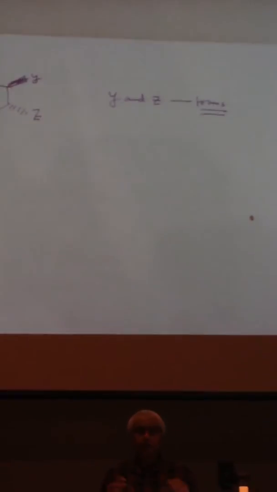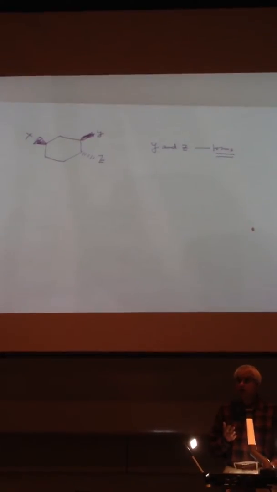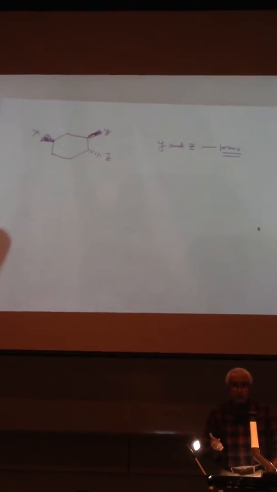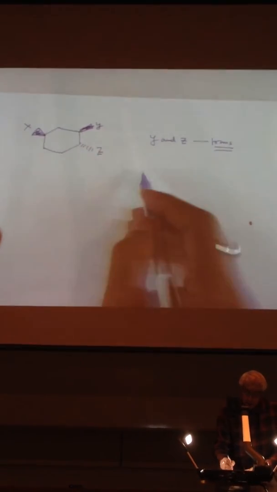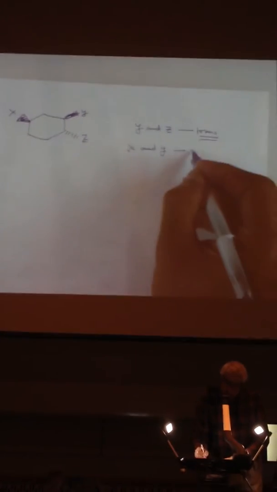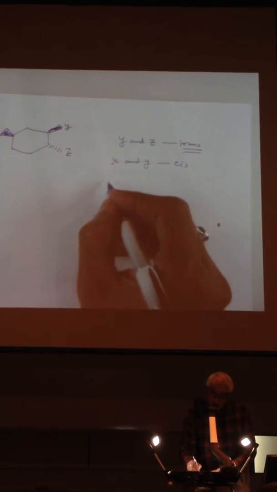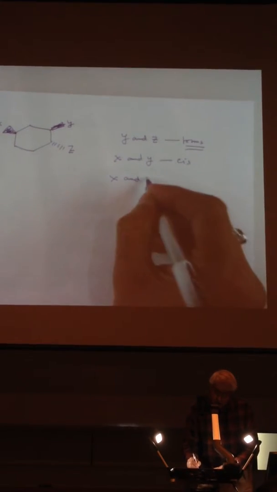That's why we're using wedge in one case and dash in another case. If they're both wedge or both dash, then their relationship is essentially cis. Like X and Y, the relationship between them is cis. And by the same token, X and Z is also trans.